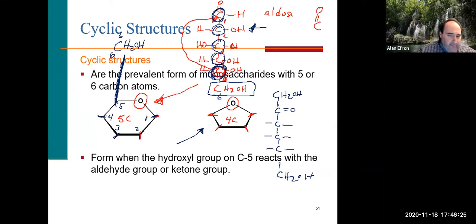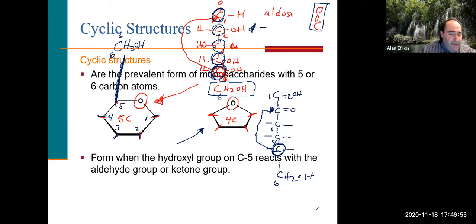And again, if we go here, this is carbon 1, this is carbon 2. That's carbon 3, that's carbon 4, that's carbon 5, and that's carbon 6. What's going to happen in this case is sort of the same situation. That last chiral carbon here at number 5 is going to go actually to carbon number 2 in this case. And that is because that is where our carbon-oxygen double bond is located.